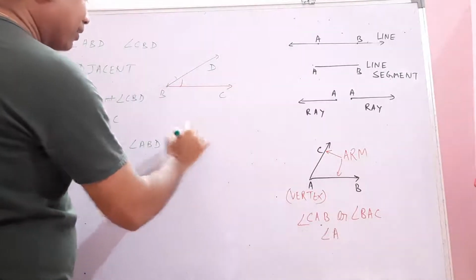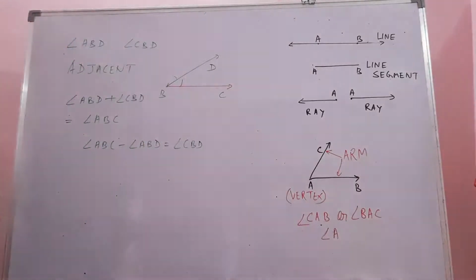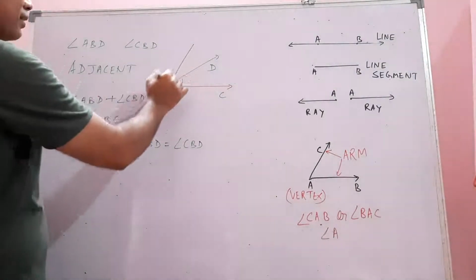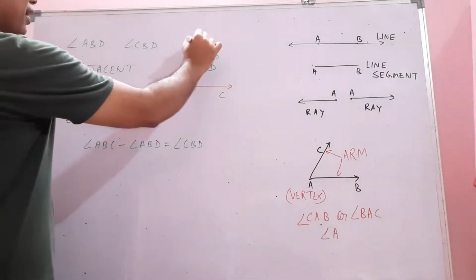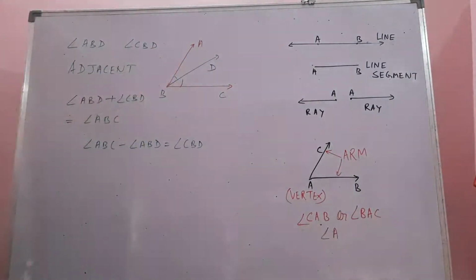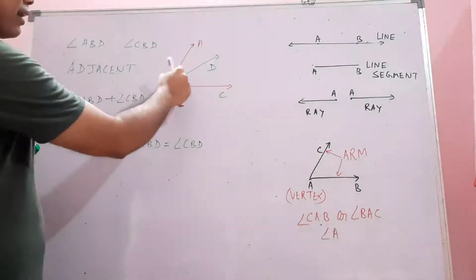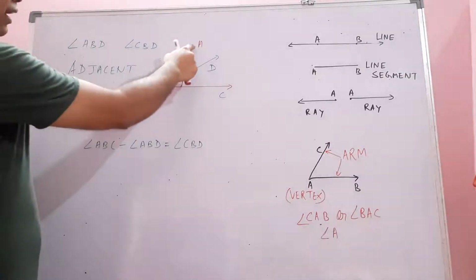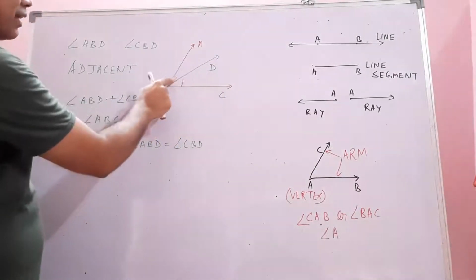Angle CBD. Okay. So what I want to tell you is that suppose there are two angles which are adjacent. Now how to add these two angles, how to subtract the angle. If I add the two smaller adjacent angles, ABD plus CBD, what is the resultant angle?